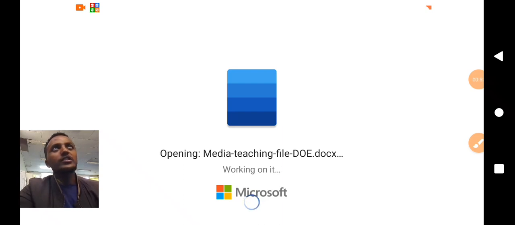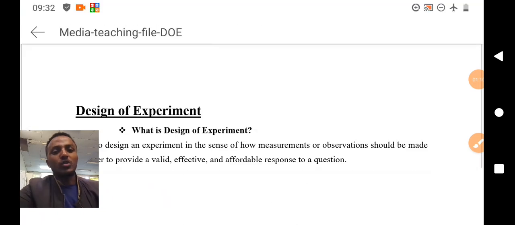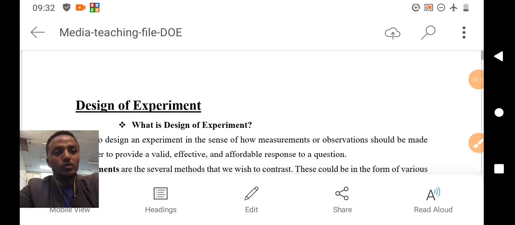Here, design of experiments basically deals with problem identification and parameter selection, parameter in the sense of output parameters and input parameters. Control of factors also: controllable factors and uncontrollable factors.